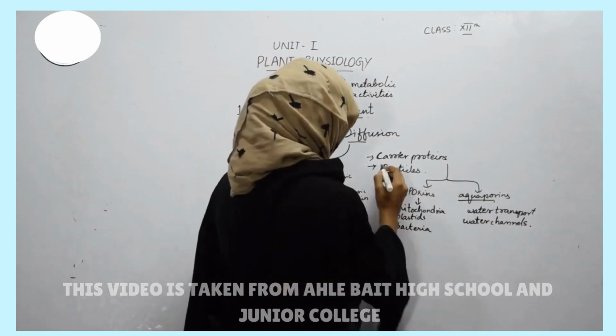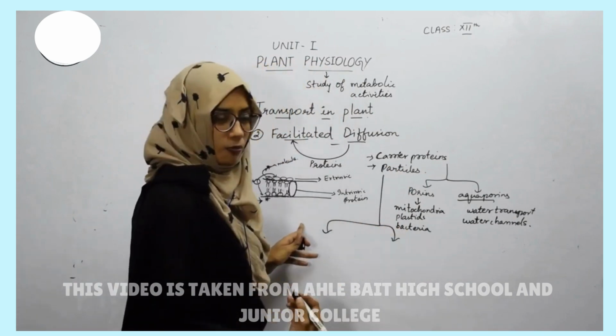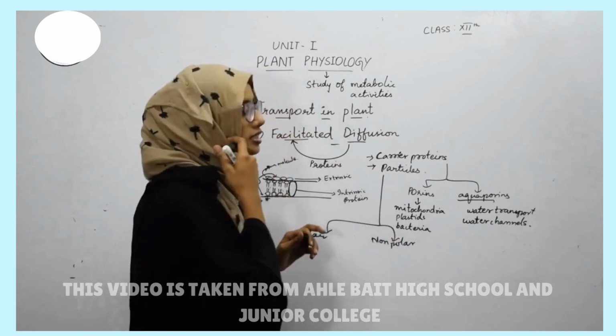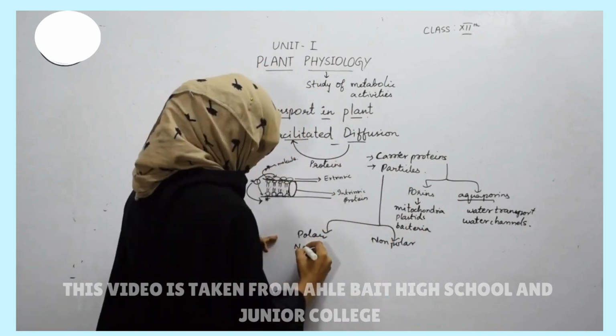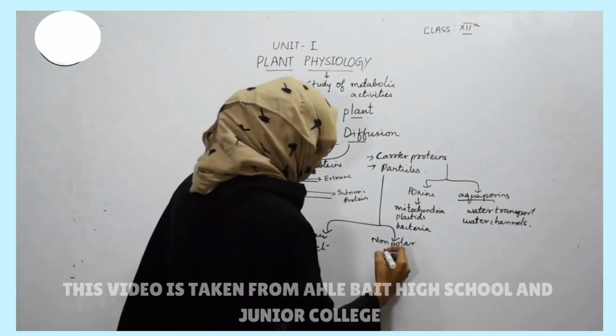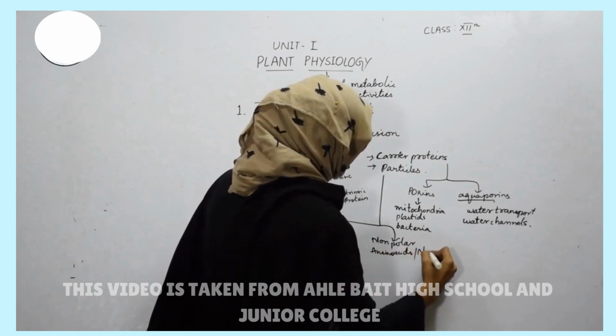And the particles which need to get transported are of two types. They may be polar or non-polar. We can take the examples of ions like Na plus and Cl minus under polar particles, and the non-polar particles include amino acids and nucleosides.